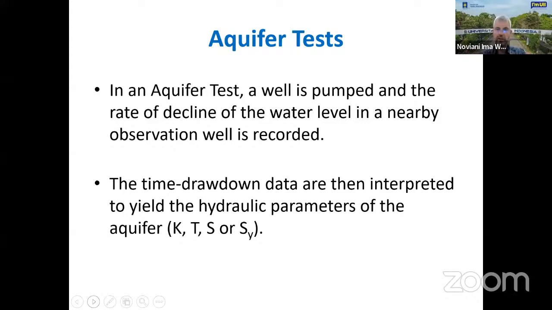And what we're measuring is time since the test started, and the drawdown at any point in time. So we're basically measuring 2 things, time and drawdown. And that's enough to then calculate conductivity, transmissivity, storativity, and so on.